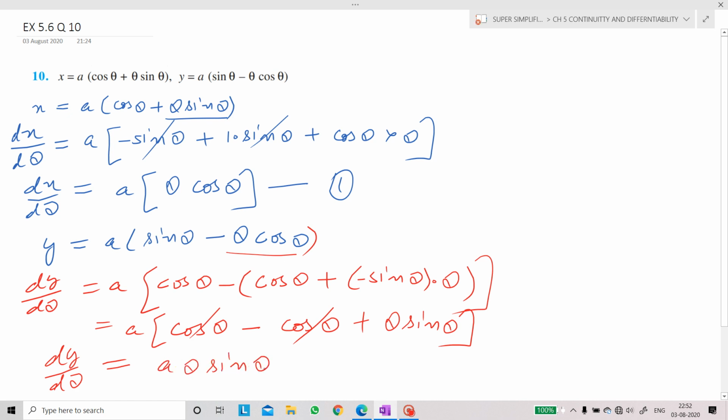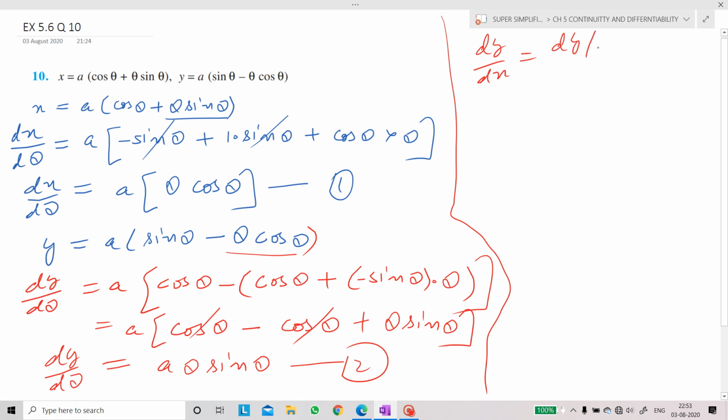Number 2. So now we very well know, we can use this space, that dy by dx is dy by d theta upon dx by d theta, which is equal to, now expression for dy by d theta is given by equation number 2, which is a theta sin theta, and derivative dx by d theta is given by equation number 1, which is a theta cos theta.